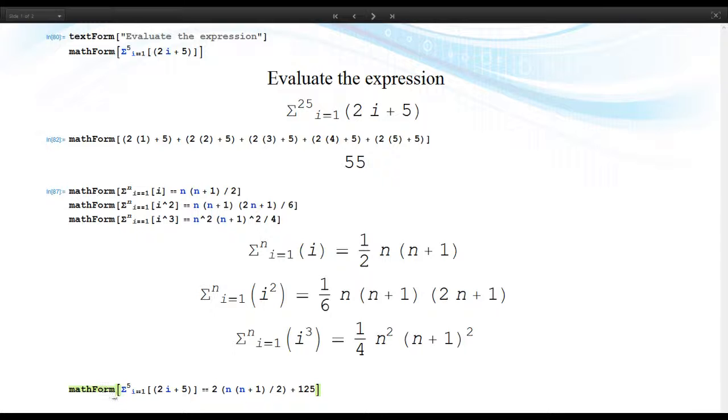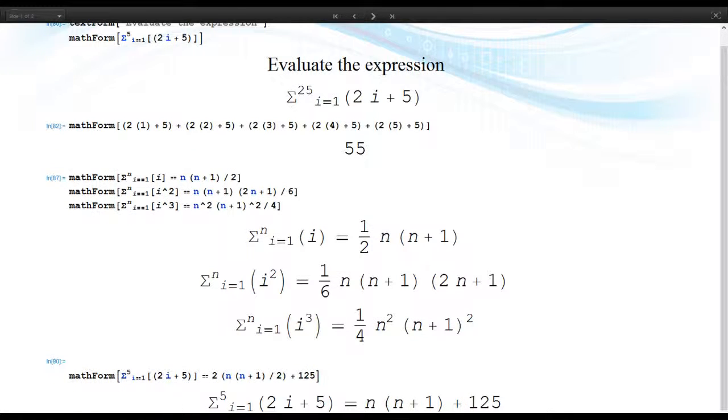And this right side of the equation has no sigmas anymore. Also, I know the sum stops on n, this sum stops on 25, so I can replace the n's in the equation with 25. And that gives me 775 as the answer.